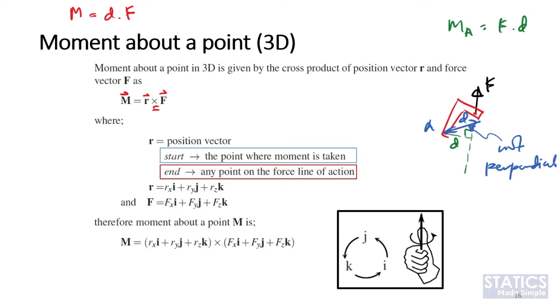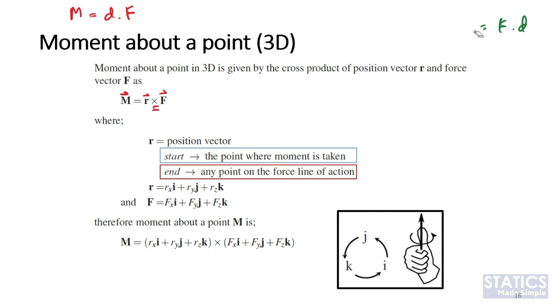However, the beauty of using IJK is that our D, or our distance vector, can be represented by a position vector which starts at the point where the moment is taken.